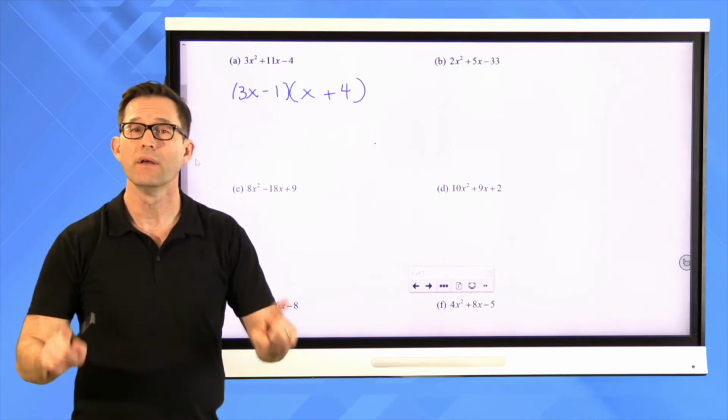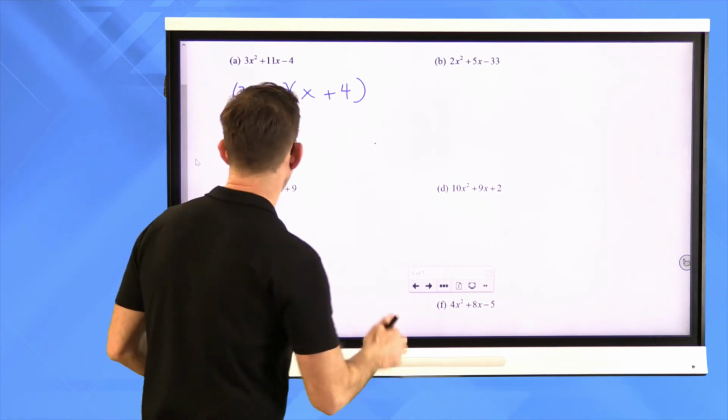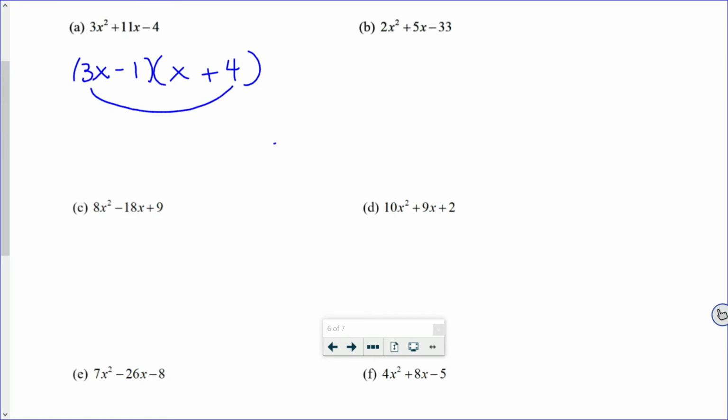That's all good. Now let's try that O and I, right? I have 3x times 4, which is 12x. I have negative 1 times x, which is negative 1x. 12x minus 1x is 11x. That's my winner. And so that is my correct factorization.